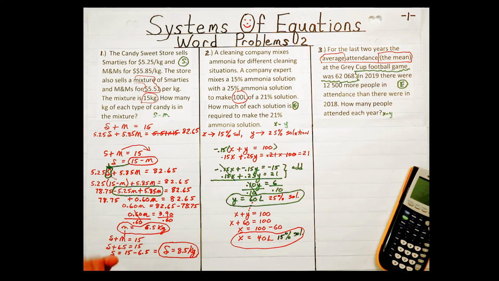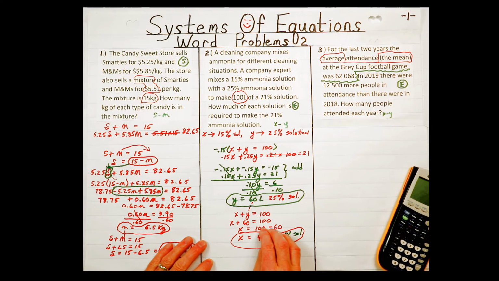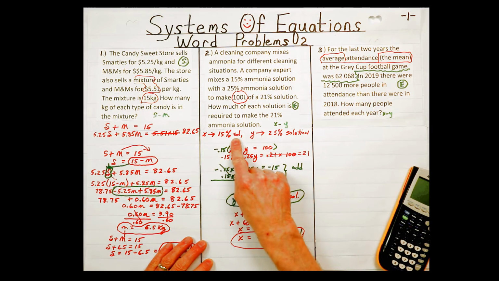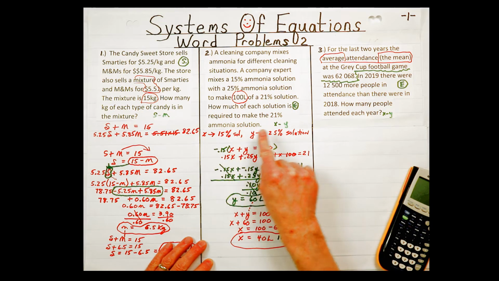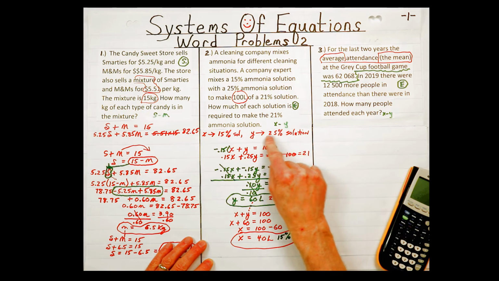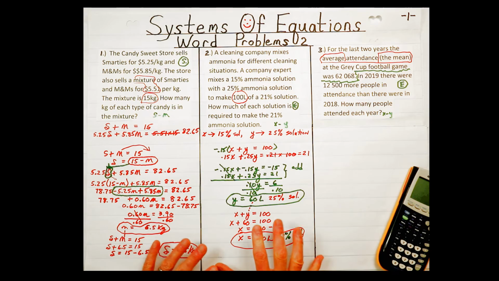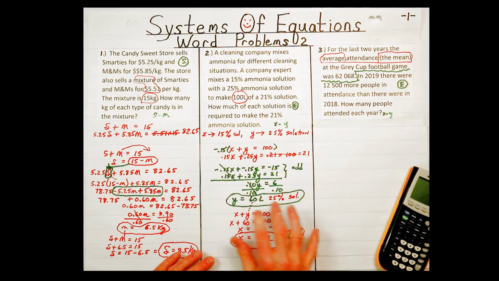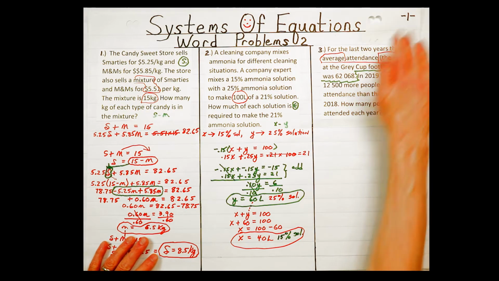In the first problem, we've got Smarties and we've got M&Ms, and we have a mixture of Smarties and M&Ms. So the lack of names in this question means you have to be better organized and say at the beginning, I'm going to let X be the number of liters of the 15% solution. Y is going to be the number of liters of the 25% solution. So you have to be more organized in this kind of question because there aren't any names given to the products.